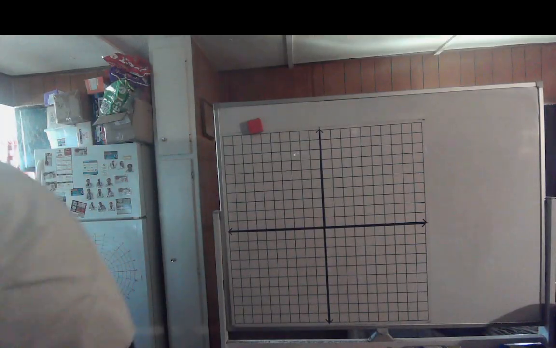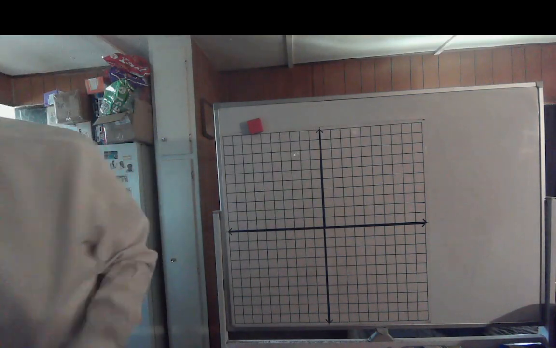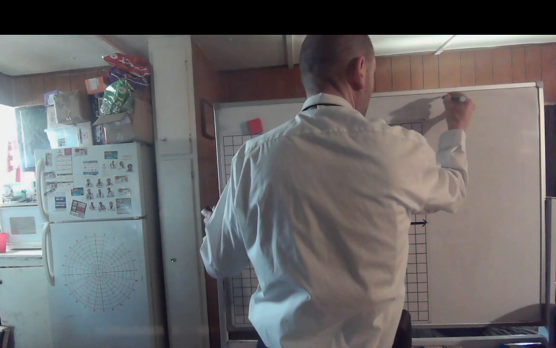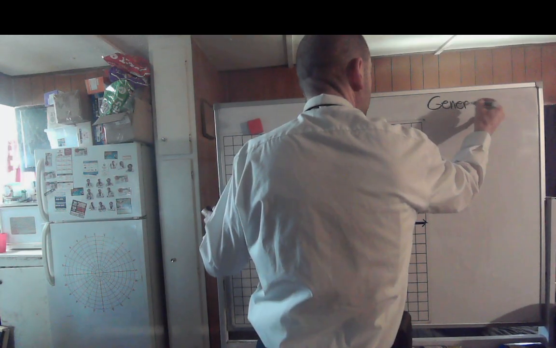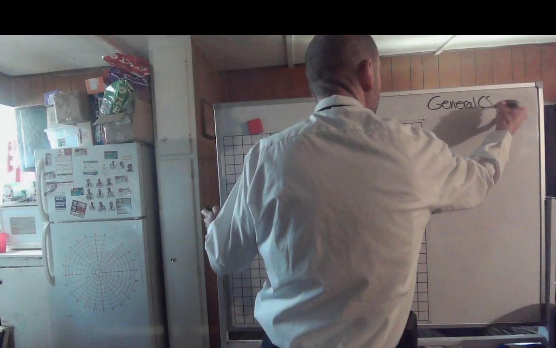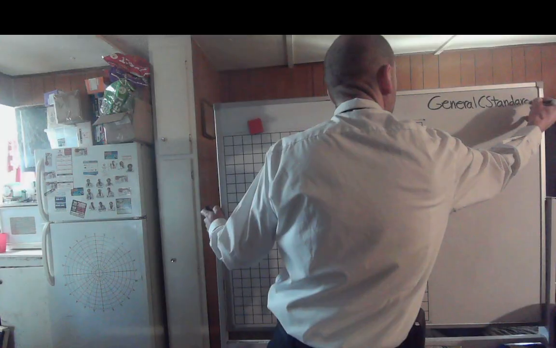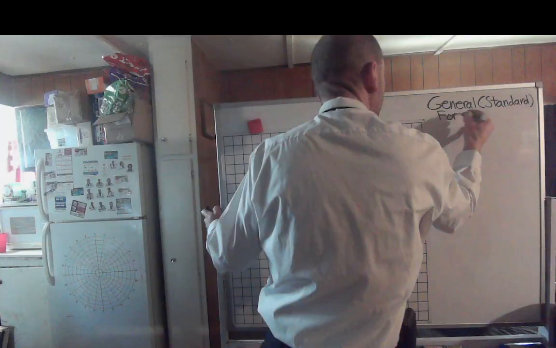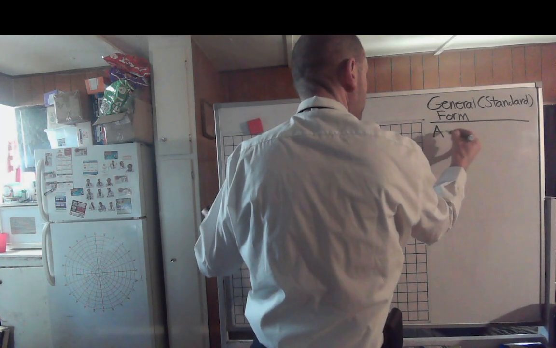Now, we want to find the general form of an equation. So general form or standard form, you may see it listed either way. They both mean the same thing. General standard form of the equation of a line is going to take one of two forms.